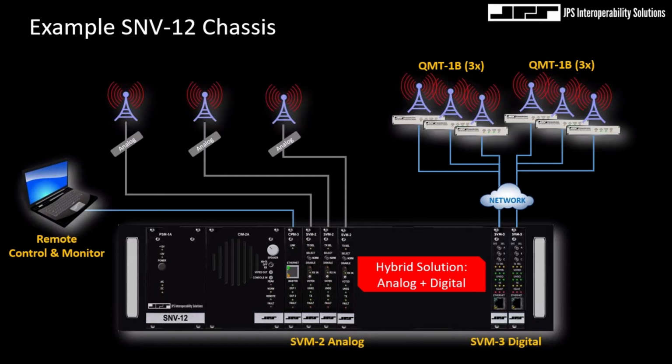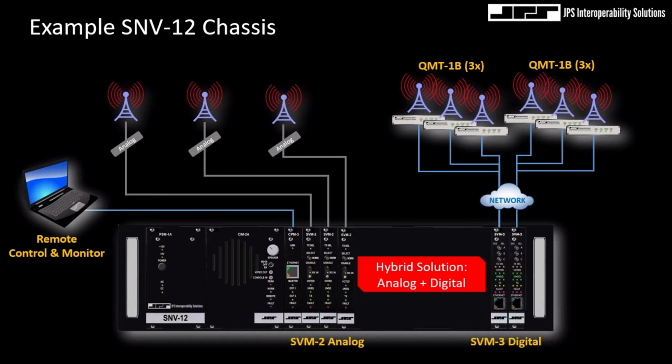And the advantage of co-locating the QMT module with the receiver is that we can directly capture the receive audio and assess the spectral FM noise content of that audio, and then embed that quality value information into the ROIP digital packets. Since audio quality is lossless, we can now add it to the header of the compressed receive audio in the form of data and form the ROIP packet and then deliver that packet in a digitized form to the parent SVM3 module within the chassis.